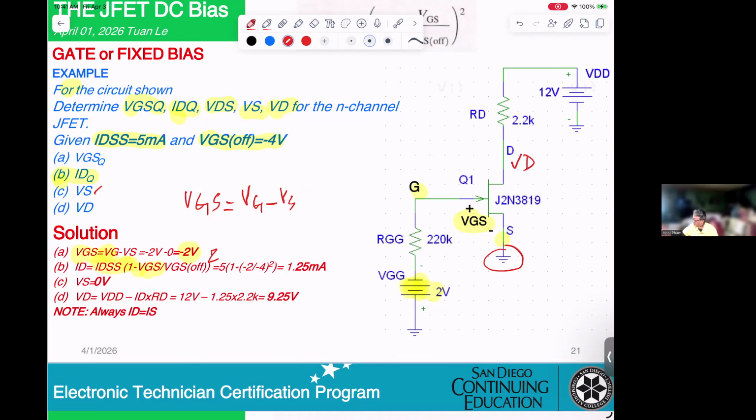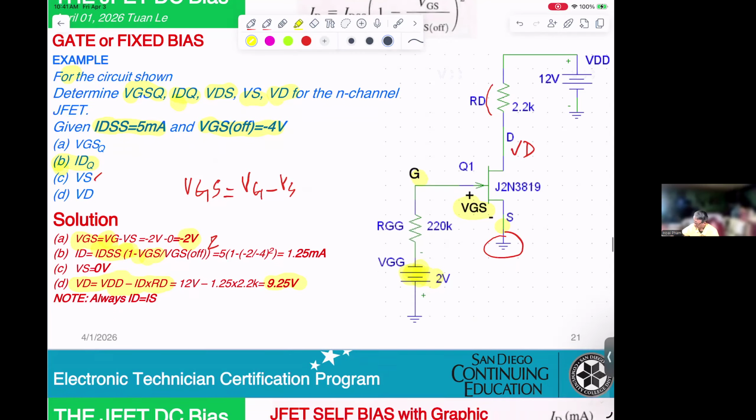VD equal VDD, okay, let's see, VDD minus voltage drop across RD. So VD equal VDD minus ID times RD, given you 9.25 volt. Okay.